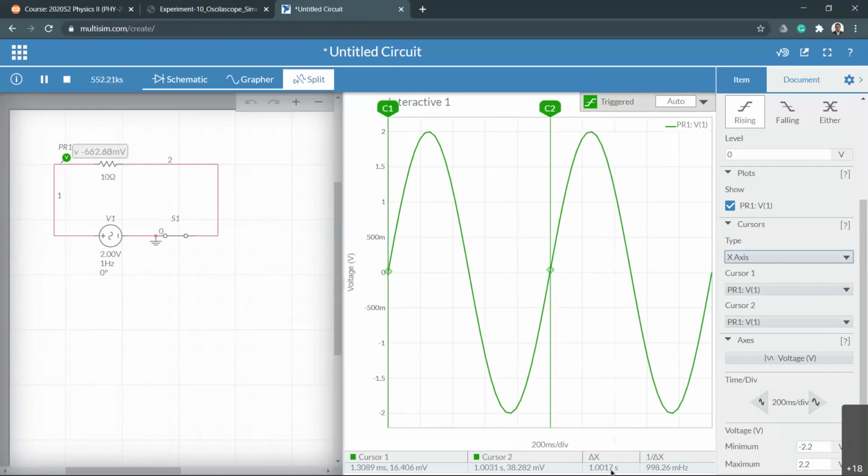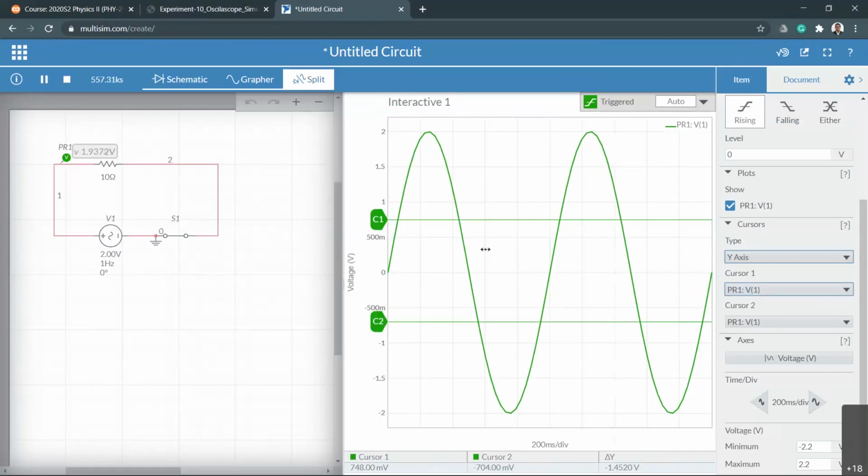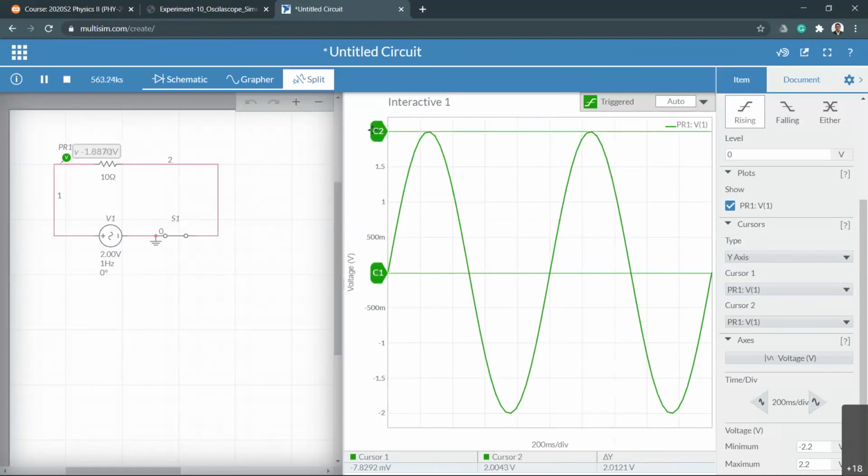Now, similarly, if you want to measure the y-axis, all you have to do is click on the cursor and change that into y-axis. Then you can see two cursors appear on the y-axis. Put cursor 1 here on 0, bring cursor 2 right here to the very top edge. And if you bring that, it will tell you cursor number 1, cursor number 2, and the value between the cursors, that is about 2 volt.